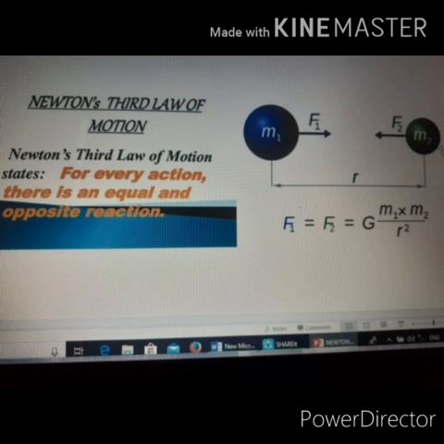So according to Newton's third law, if the big bottle exerts force on the small bottle, the small bottle should also exert equal and opposite force on the big bottle. This means a definite force of attraction exists between the two bottles. That is, they pull each other with equal and opposite force.